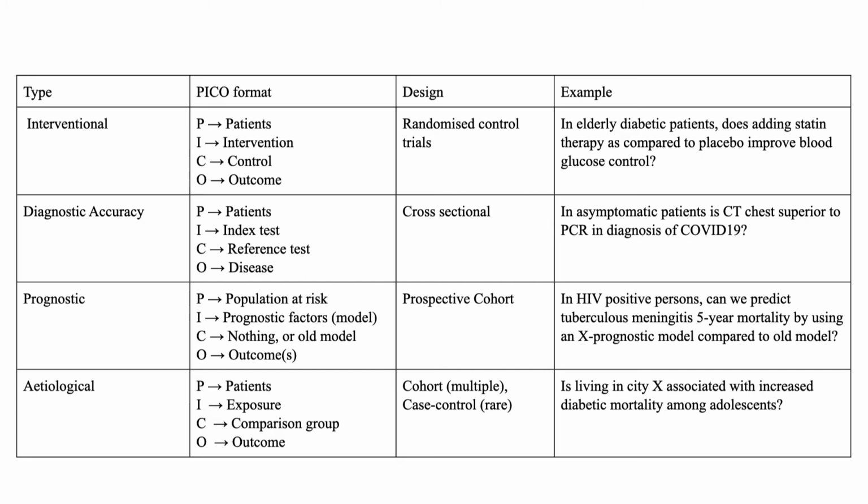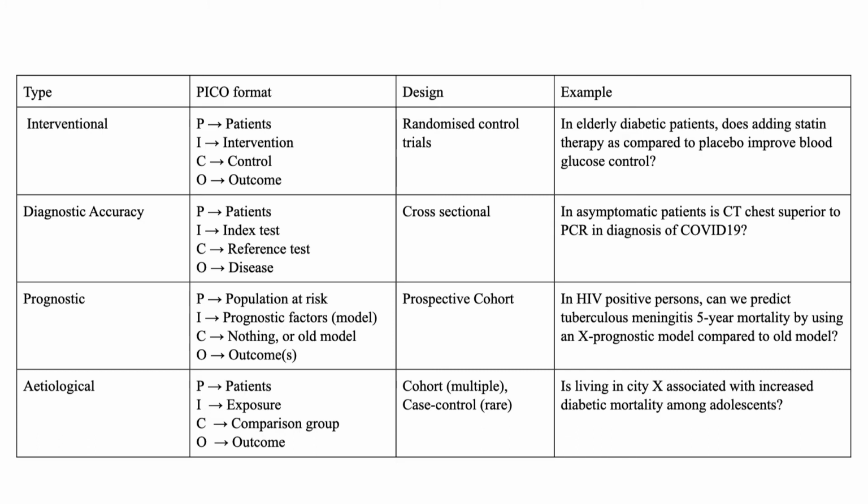But in a diagnostic accuracy study or a prognosis study, things look a little different. For diagnosis, our intervention is not a treatment but an index test, a new test that we're trying to compare to the reference test, which is the comparison, the gold standard. And the outcome would be identifying the illness.